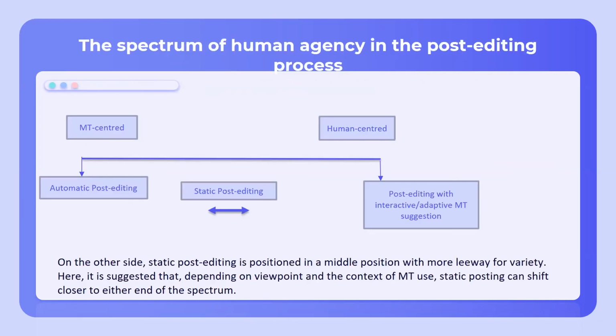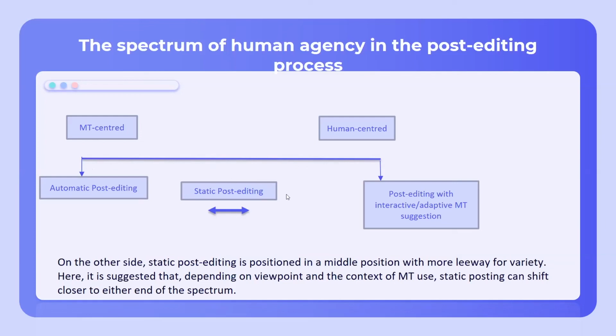So this is a graph showing the spectrum of human agents in the post-editing process. We can find that there is automatic post-editing, which is MT-centered. The other side is human-centered, which means post-editing with interactive or adaptive MT suggestions, while static post-editing is in between.